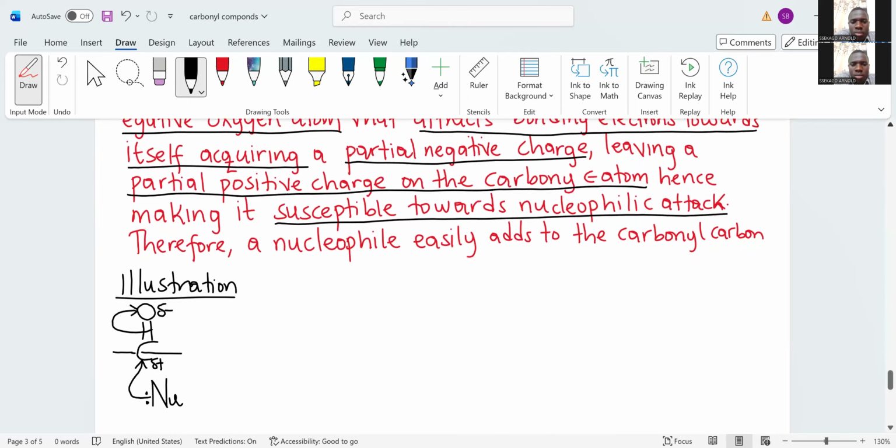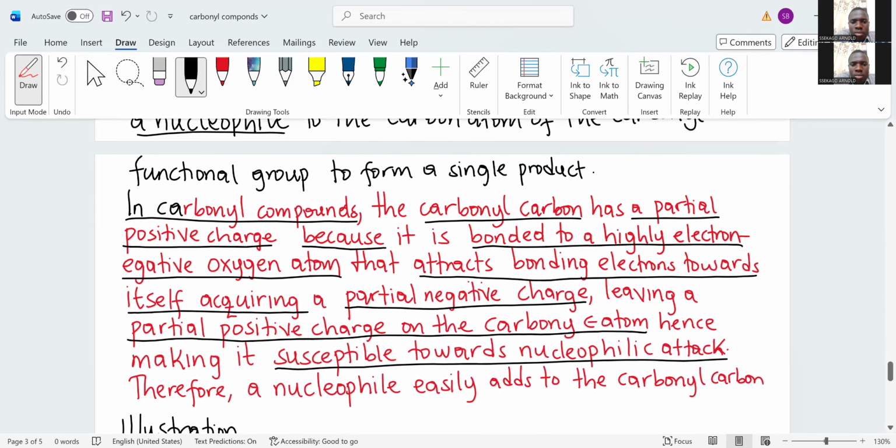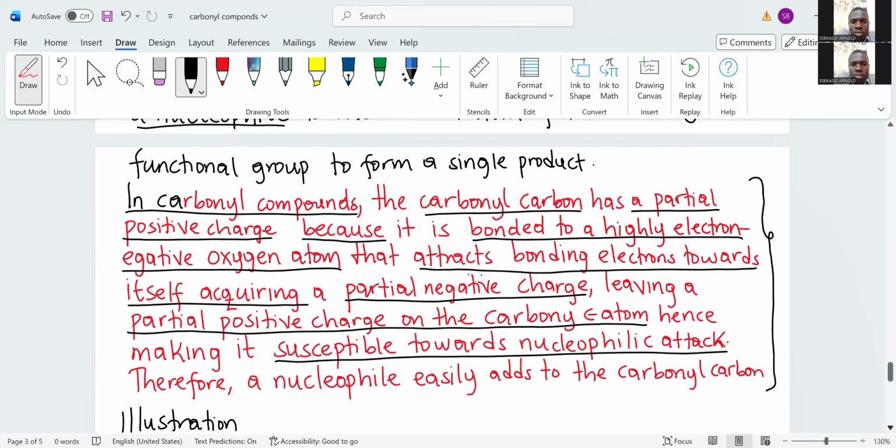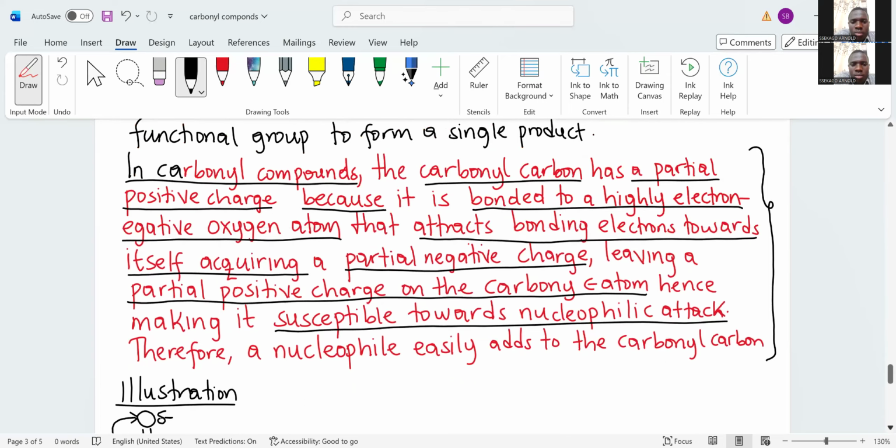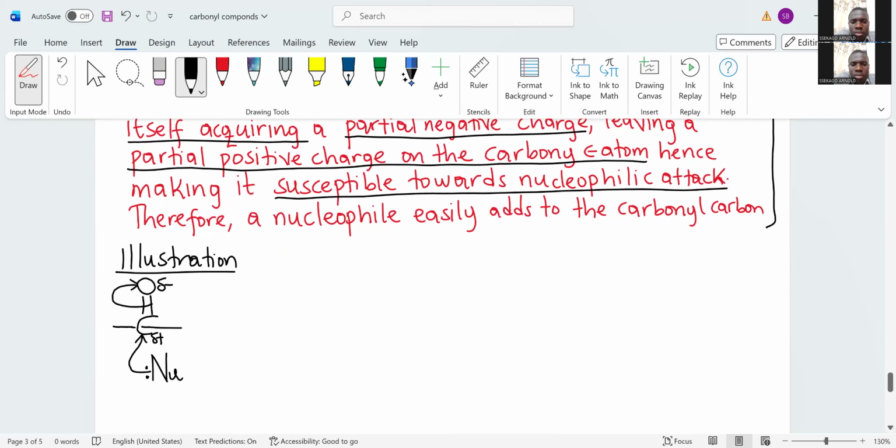In this statement, I have been able to explain why aldehydes and ketones undergo nucleophilic addition reactions. What have I said? It is simply because they are made up of this carbonyl functional group, and the carbon to oxygen double bond is polar.